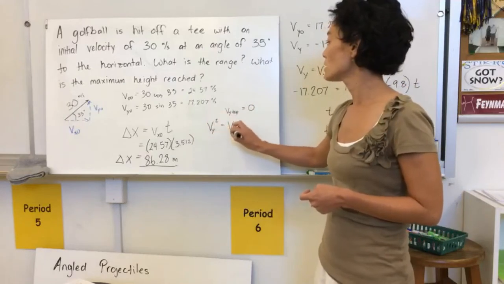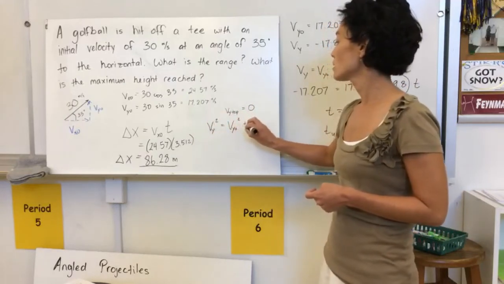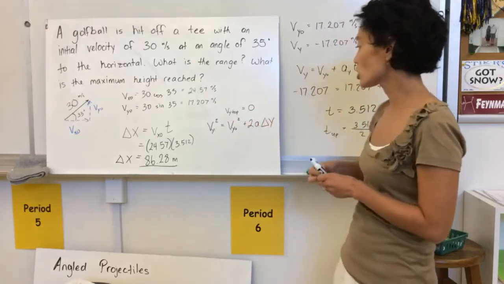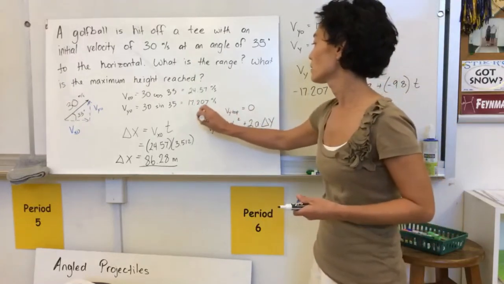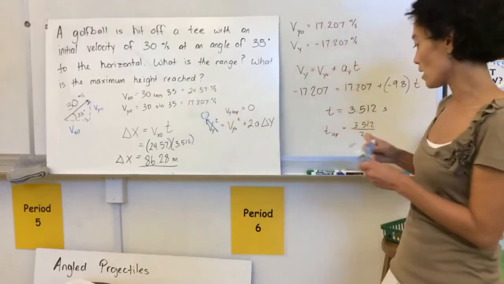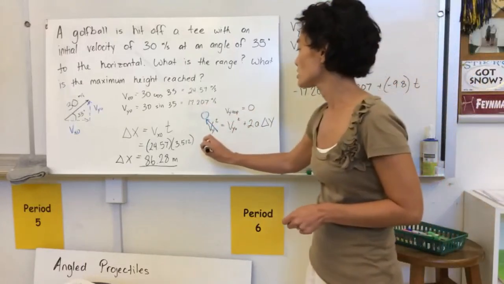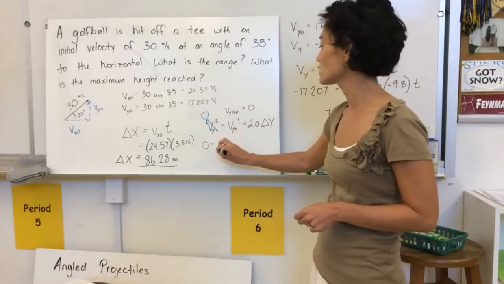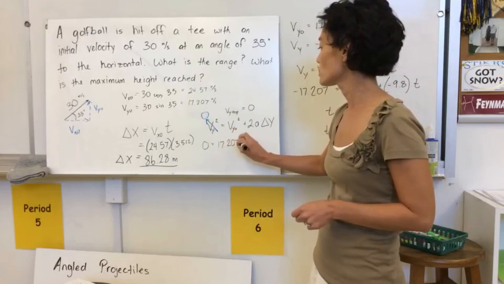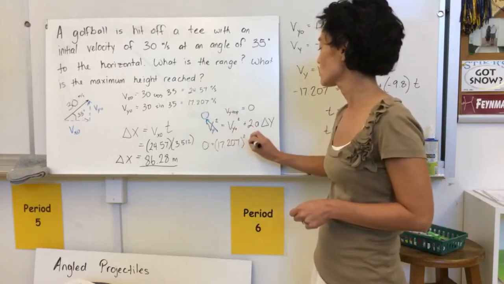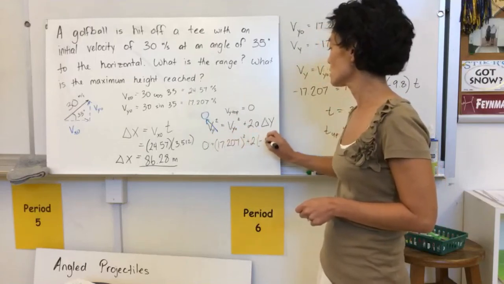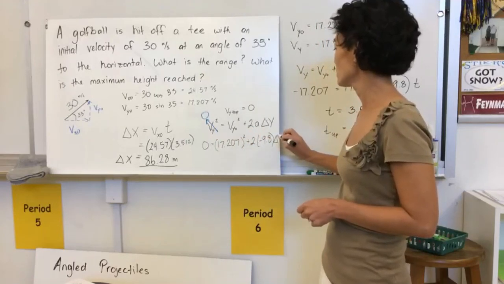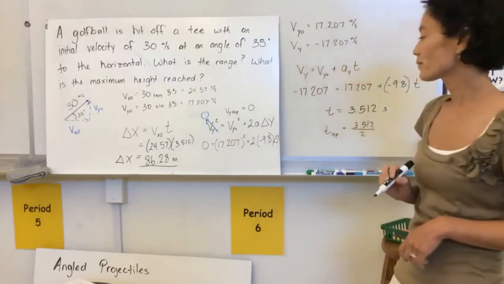If our Vy at the top is 0, and we know that Vy squared equals Vy naught squared plus 2a delta y, then my equation is going to simplify. So 0 is going to be equal to Vy naught squared, so 17.207 squared, plus 2 times negative 9.8 times delta y.